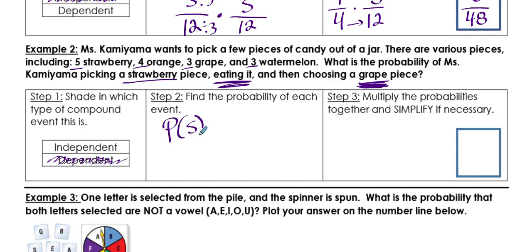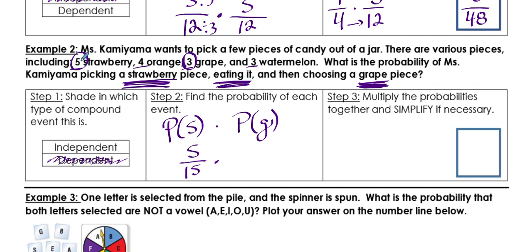So we're looking at the probability of getting a strawberry times probability of getting a grape. So we start out with all 5 of these. That number is not changed. When we're first picking one out, it's 5 out of, that's 15 altogether. Times the chance that we get a grape. We still have all 3 of these grapes, but the strawberries are now different.